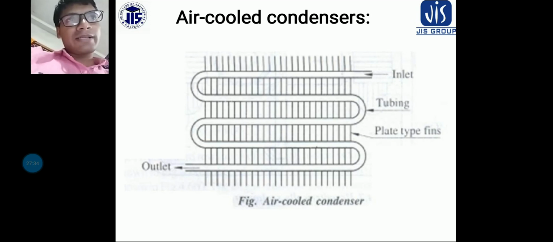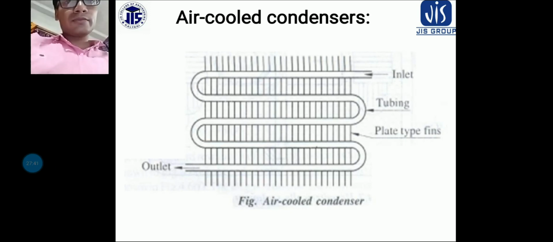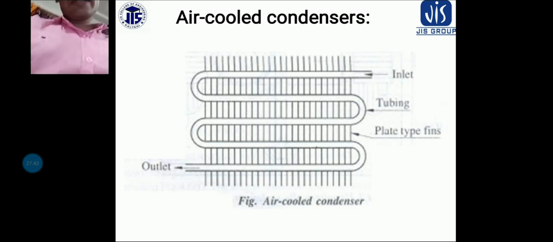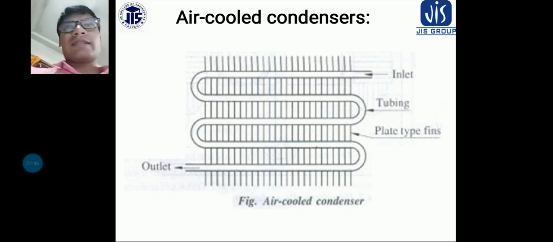The condenser capacity may be varied by controlling the amount of contact, that means if the contact surface is more, then it will be more capable. And the last is temperature difference.